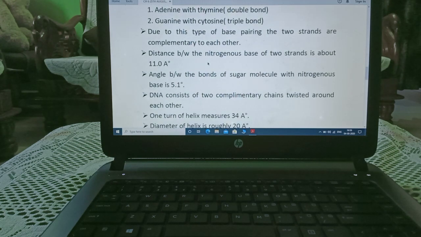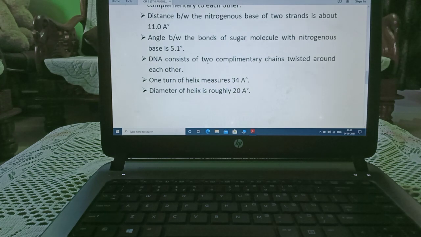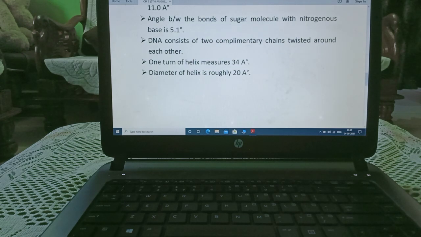Due to this type of base pairing, the two strands are complementary to each other. The distance between the nitrogenous bases of the two strands is about 11 Angstrom. The angle between the bonds of the sugar molecule with nitrogenous bases is 5.1 degrees.